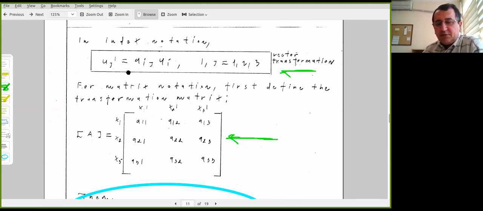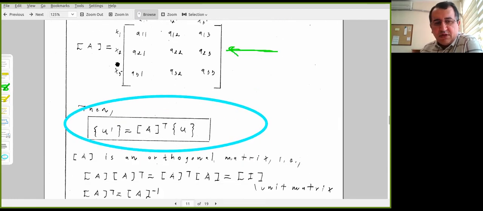You cannot arbitrarily define any quantity with 3 numbers as a vector, but if it transforms according to this formula, such as a displacement vector, or any force vector, or any other vector, they all obey this transformation formula. Thus, this is a first order tensor. A vector is a first order tensor.